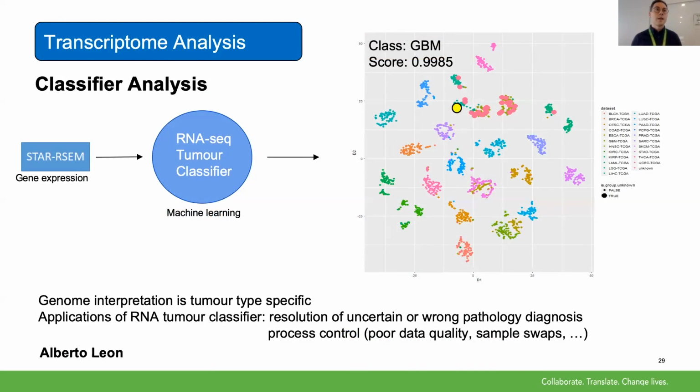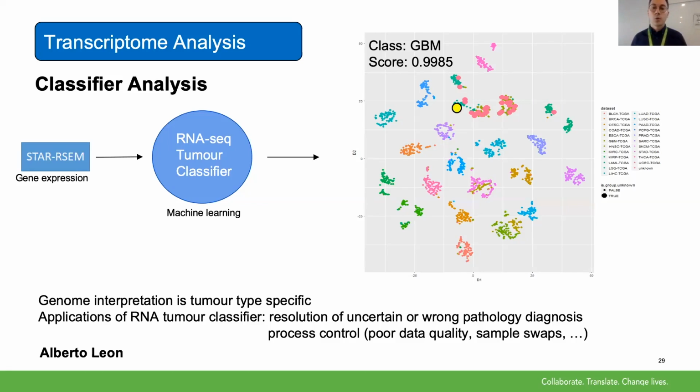We're also interested in integrating transcriptome analysis, and we're looking at a variety of ways to best implement this. One such way we're looking at implementing transcriptome analysis is through an RNA-seq tumor classifier. It was primarily worked on by Alberto, who works in our research group.